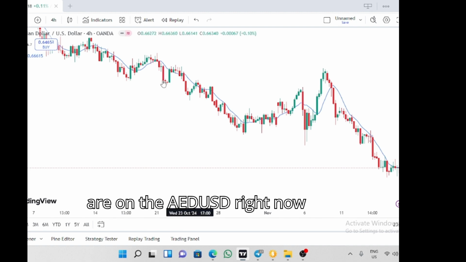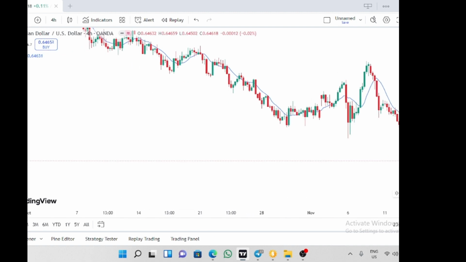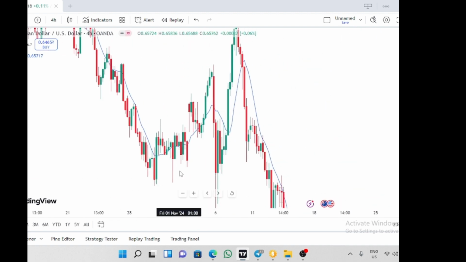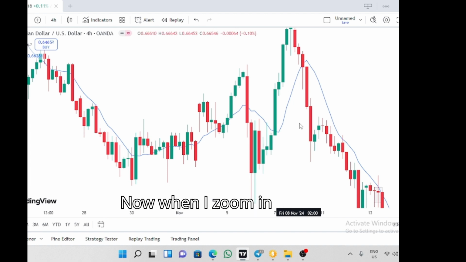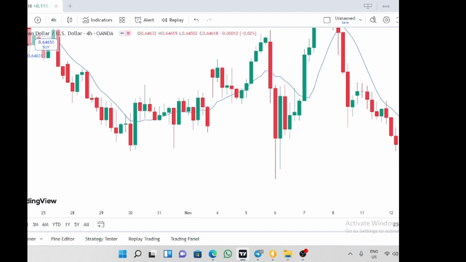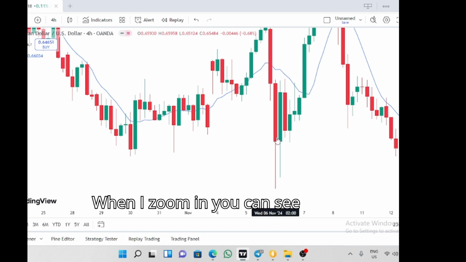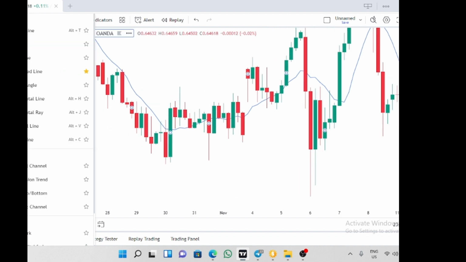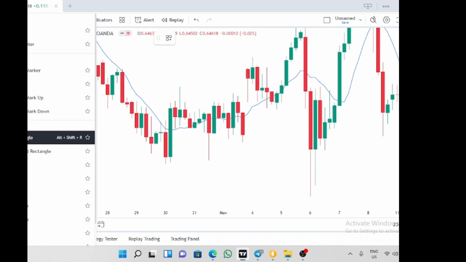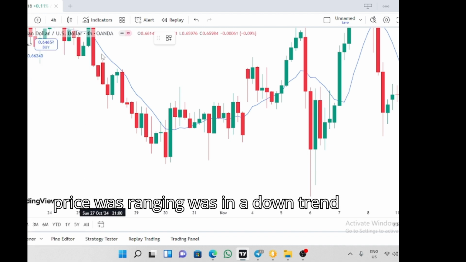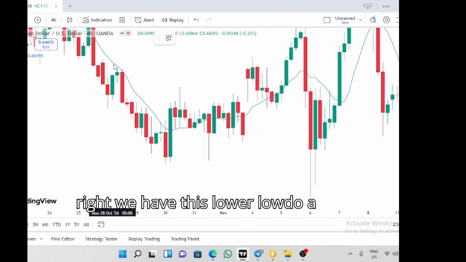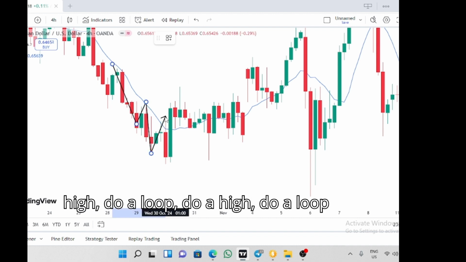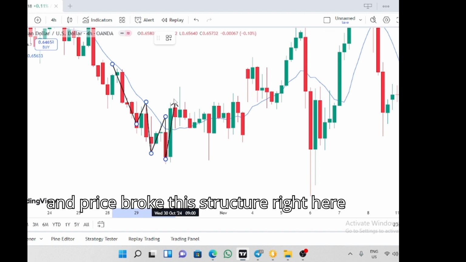Now we are on the AUD USD right now. When I zoom in, you can see here price was in a downtrend, right? We have this lower low, lower high, lower low, lower high, lower low, and price broke this structure right here.